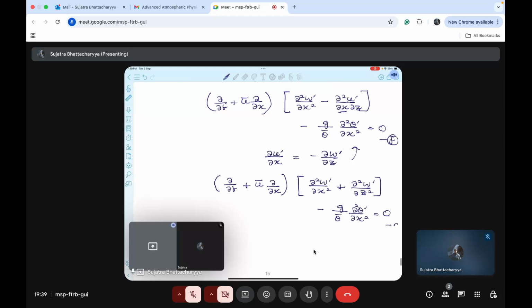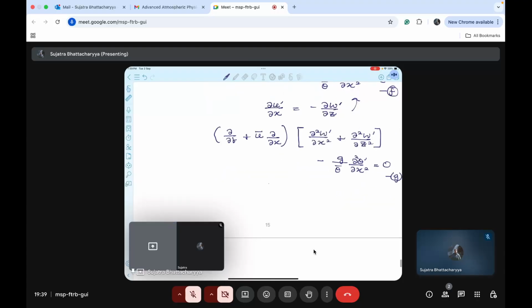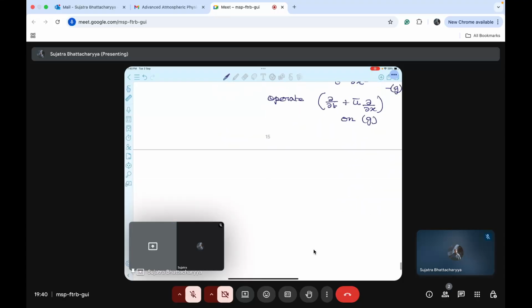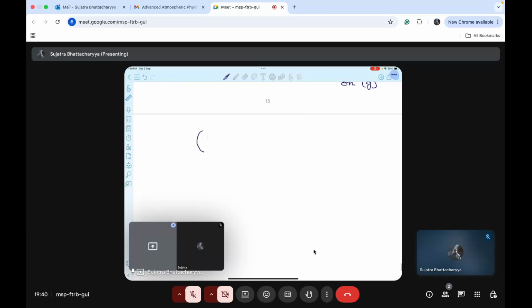So this becomes now the G. Now operate del del t plus u bar del del x on G. When you do that, it's simply this: del del t plus u bar del del x whole square, you have this delta square w dash by delta x square, delta square w dash by delta z square.